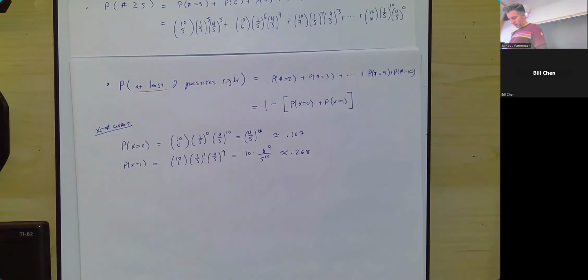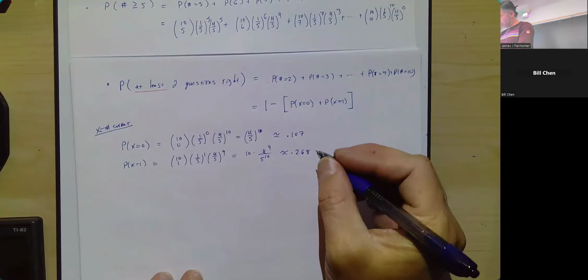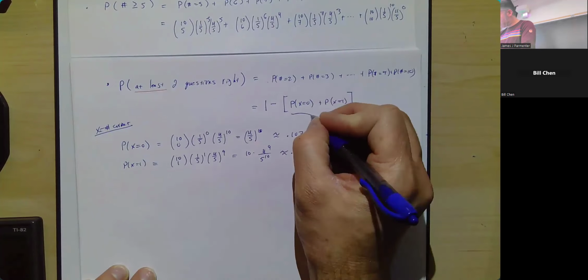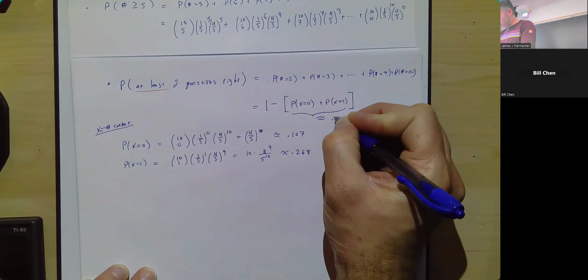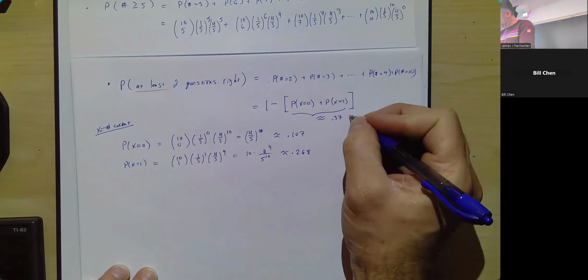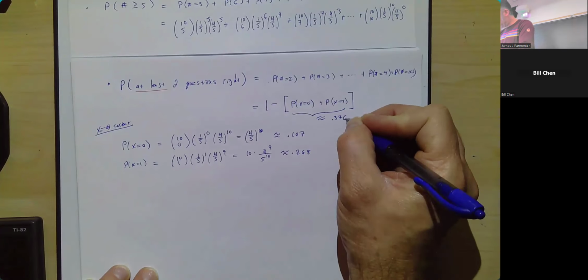So we add that together. We get approximately 0.376, because of rounding.